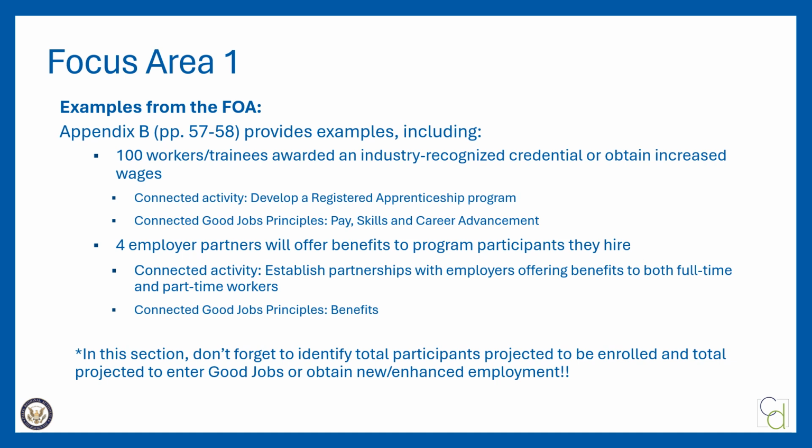It's connected to the established partnerships with employers offering benefits to both full-time and part-time workers activity, and it is connected to the good jobs principle of benefits. Make sure that the results that you list are connected to your proposed activities and statement of need, as well as achievable for your project. And don't forget that the first requirement for this section is identifying total participants projected to be enrolled and total projected to enter good jobs or obtain new or enhanced employment.